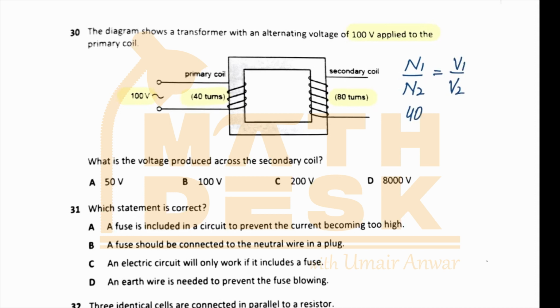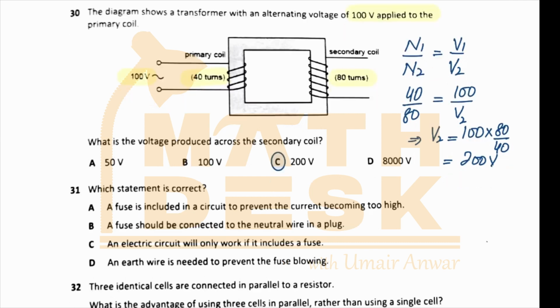So we have 40 upon 80 equals 100 upon V2. So V2 is going to be 100 multiplied by 80 divided by 40. So the voltage induced would be 200 volts. Double of the primary voltage would be induced.